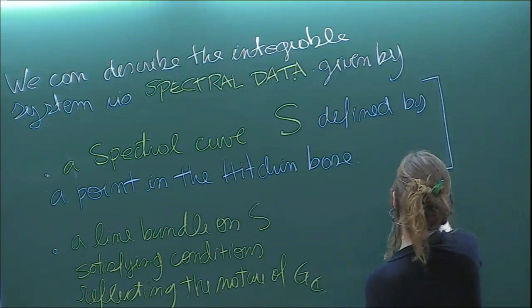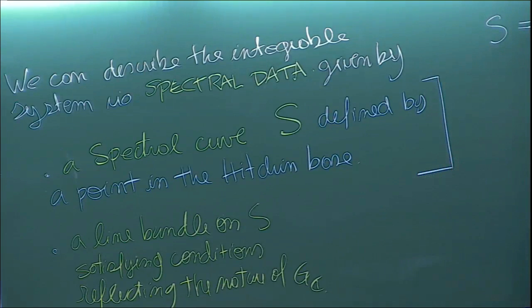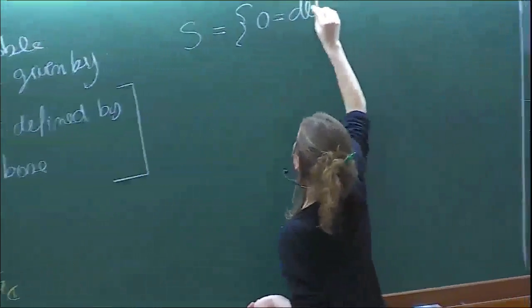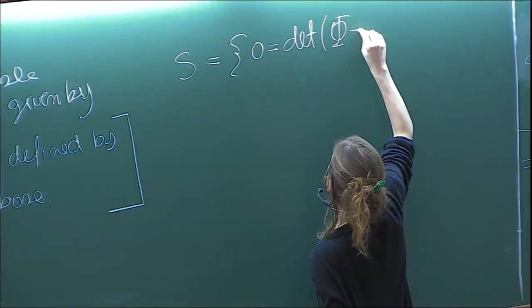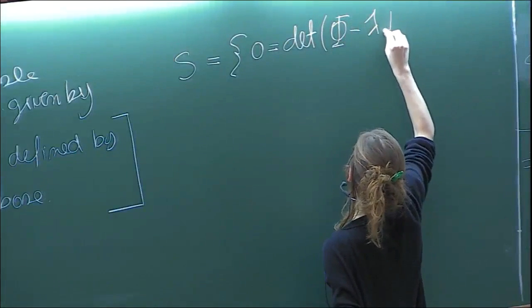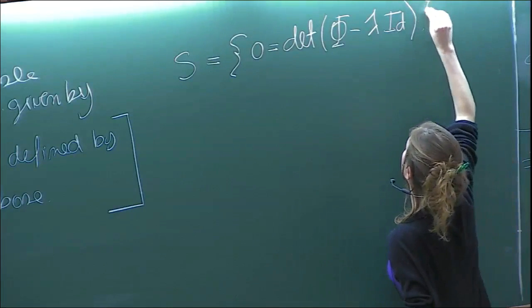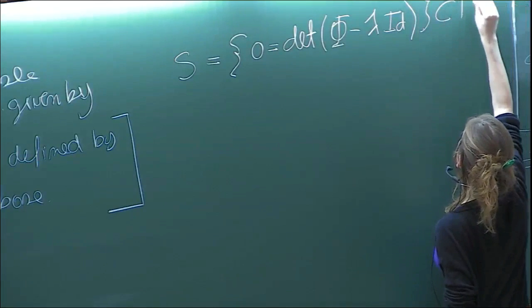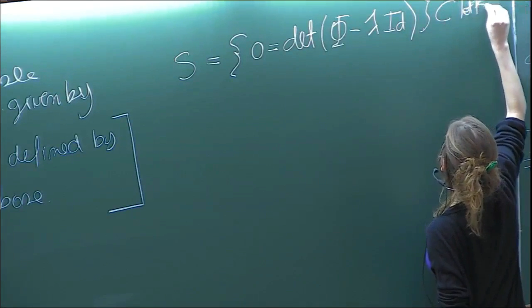So S is defined as the zero set of the characteristic polynomial of the Higgs field, the determinant of phi minus lambda times the identity. And this is going to be inside the total space of the canonical bundle, the total space of K.